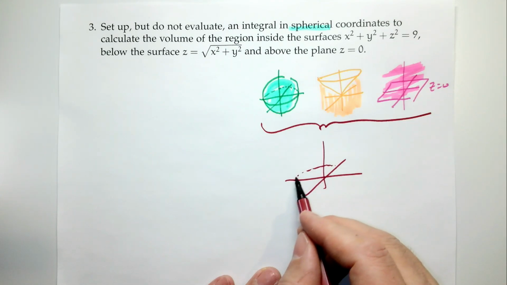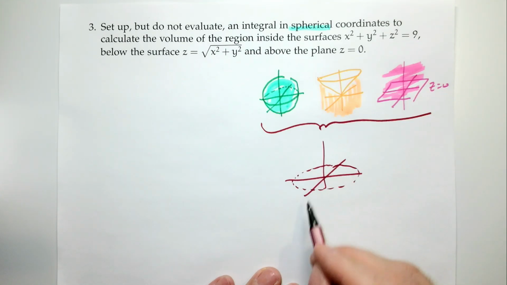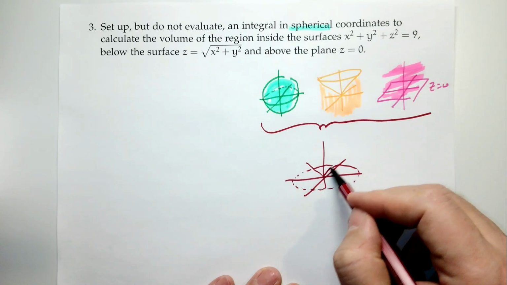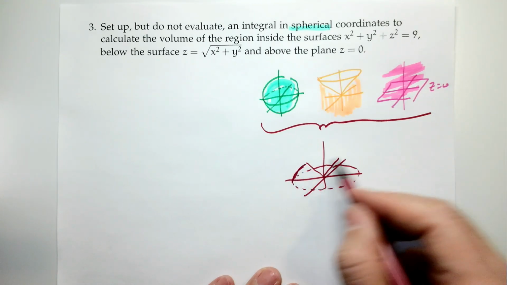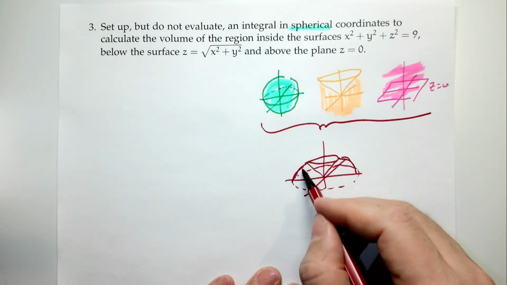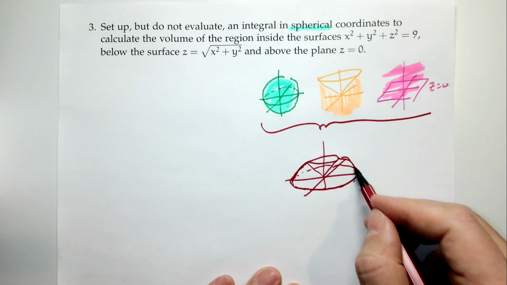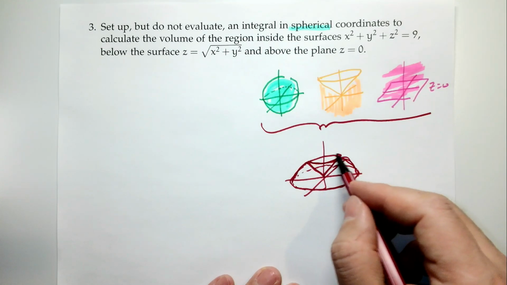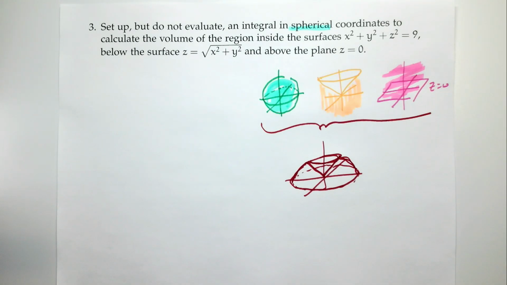We're just going to do a really rough sketch right now. There's a sphere. We have this cone coming out. You have to pretend like I'm a good artist.